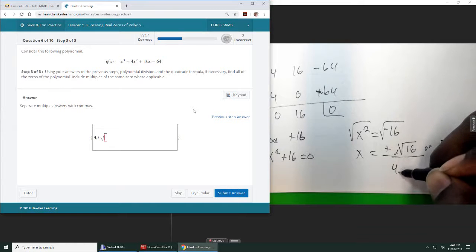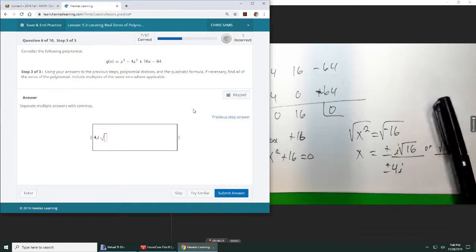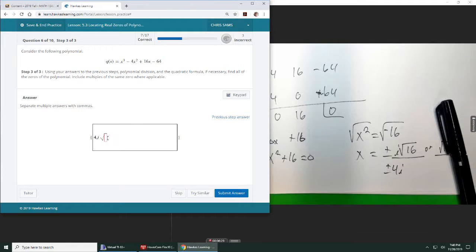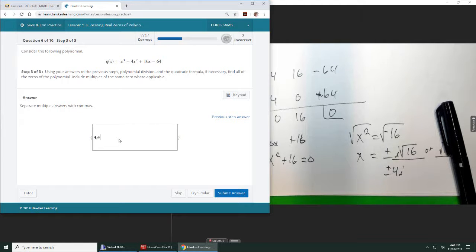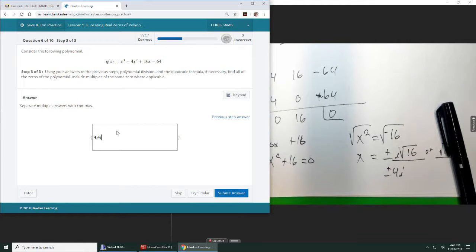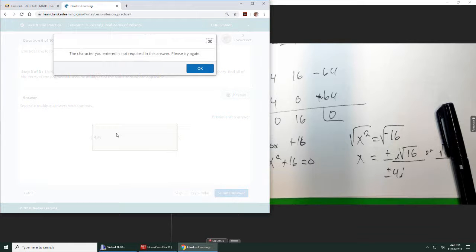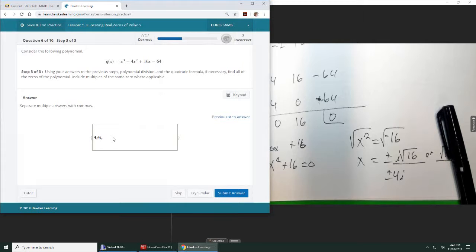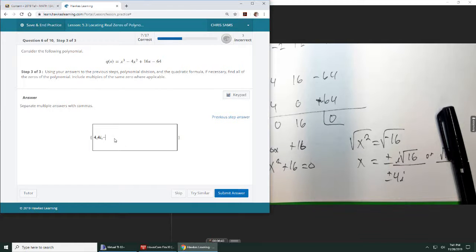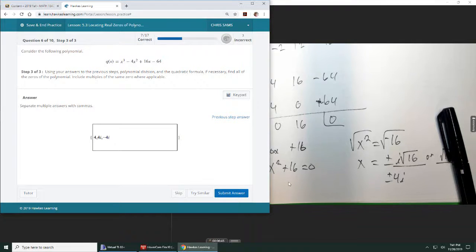So 4i, positive or negative 4i, because it's going to tell me it's not simplified. So 4, and then I'm going to say 4i, imaginary 4, and then negative 4i.